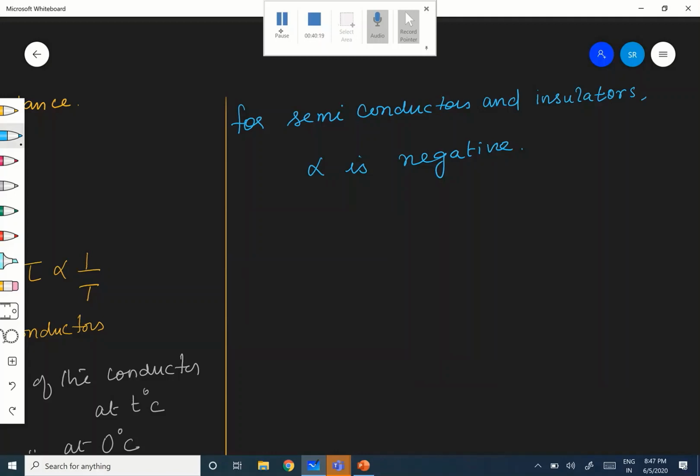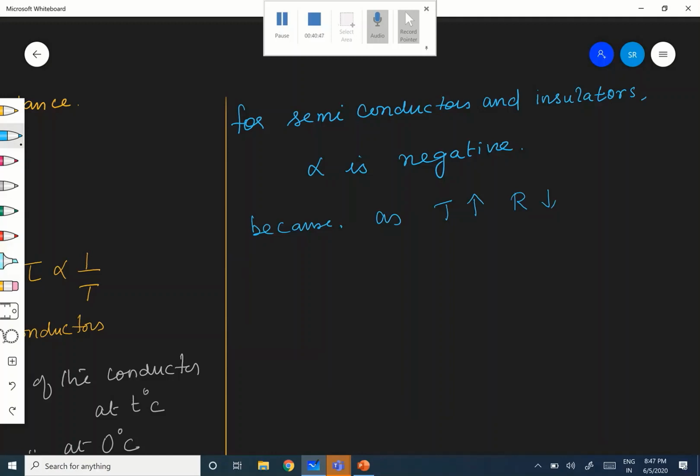What is the reason? The reason is that alpha is negative. As the temperature T is increased, the resistance R is decreased.